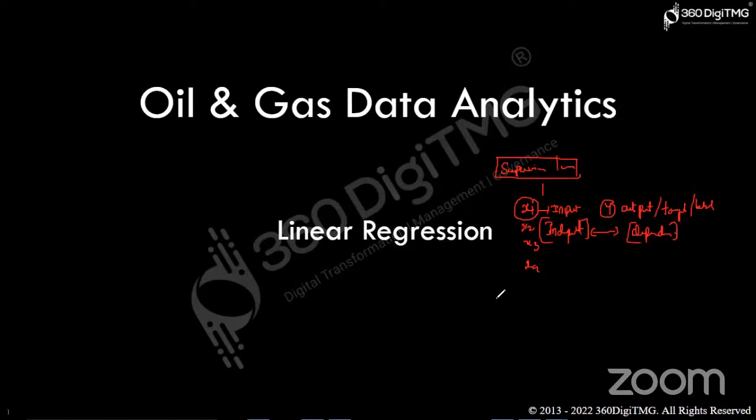Commonly, when we look into the data, y is equal to f of x is the preliminary function that we are going to use when it comes to data science and machine learning processes. We are trying to find the relation between x and y.